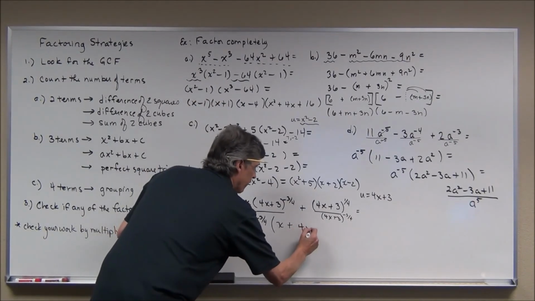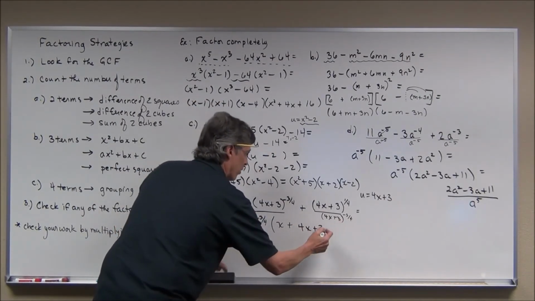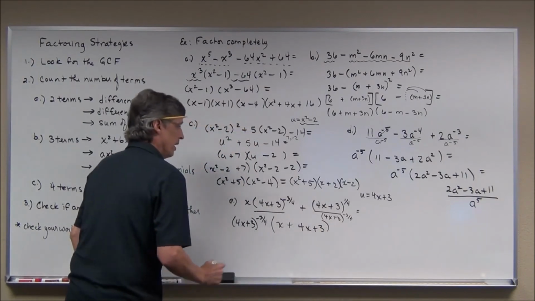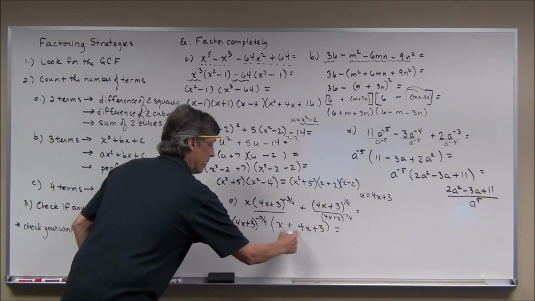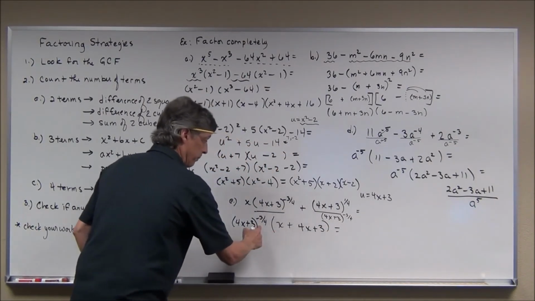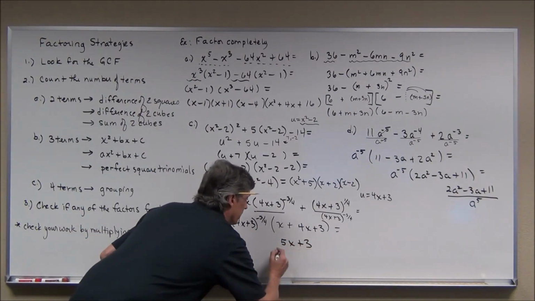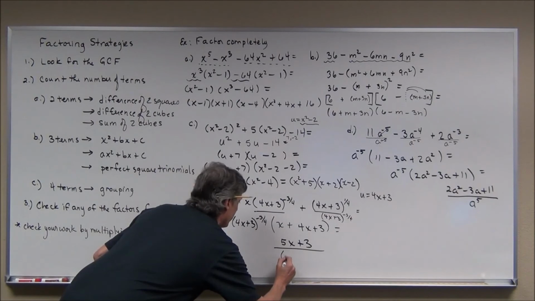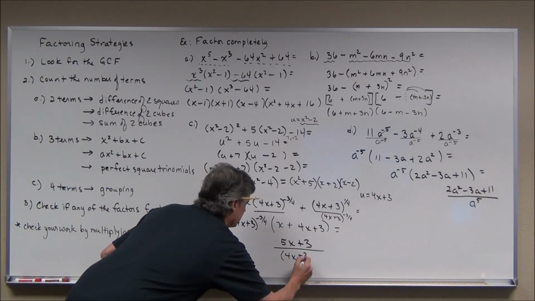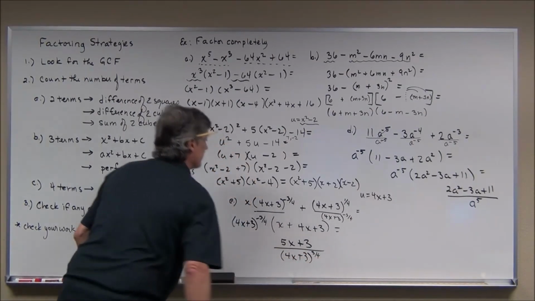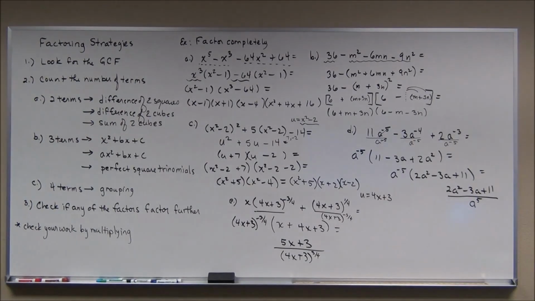So that's going to leave 4x plus 3 to the 1st power, or just 4x plus 3. I'm going to rewrite this by combining like terms, and I'm going to put this guy in the bottom, and I'm going to have 5x plus 3 all over the quantity 4x plus 3 to the positive 3/4. And I'm going to leave it like that.